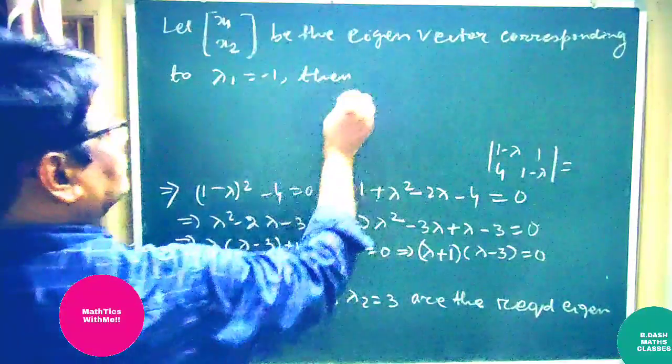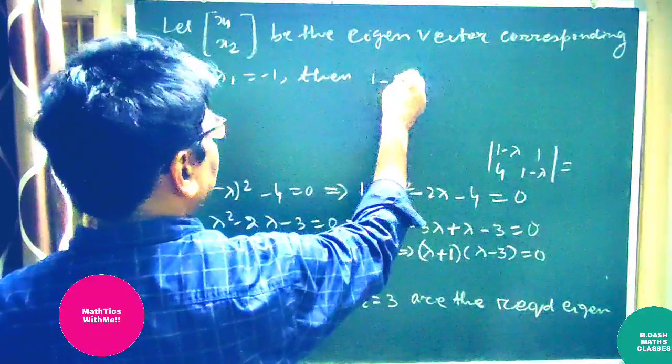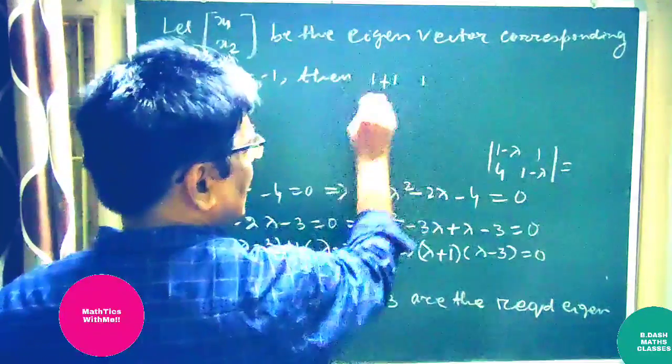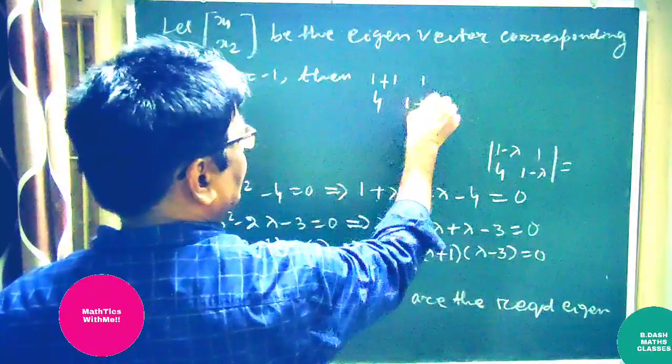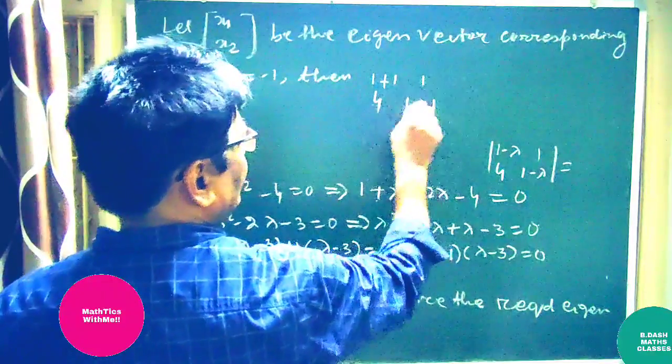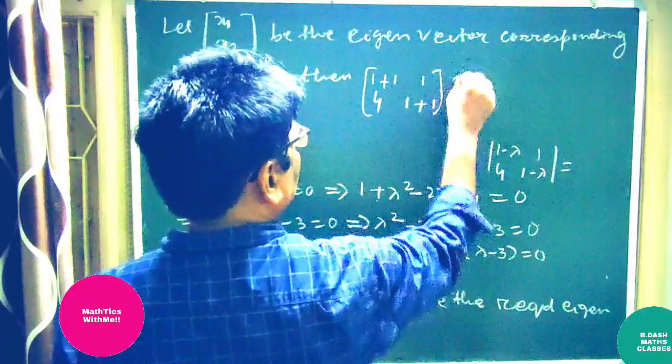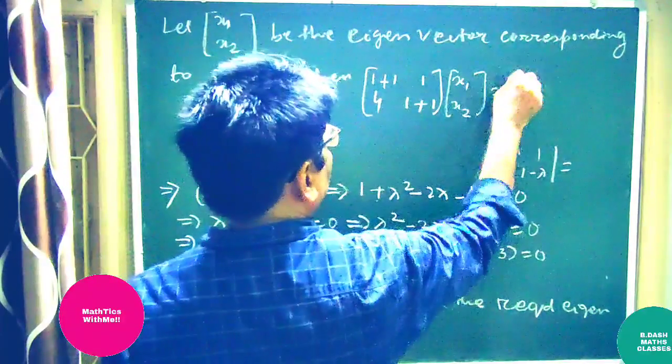Then [1 plus 1, 1; 4, 1 plus 1] times [x1, x2] is equal to [0, 0].